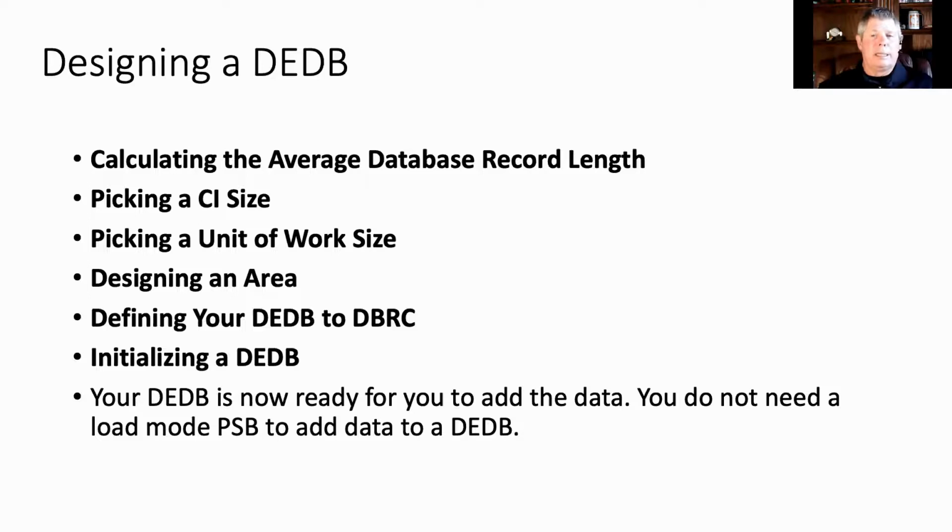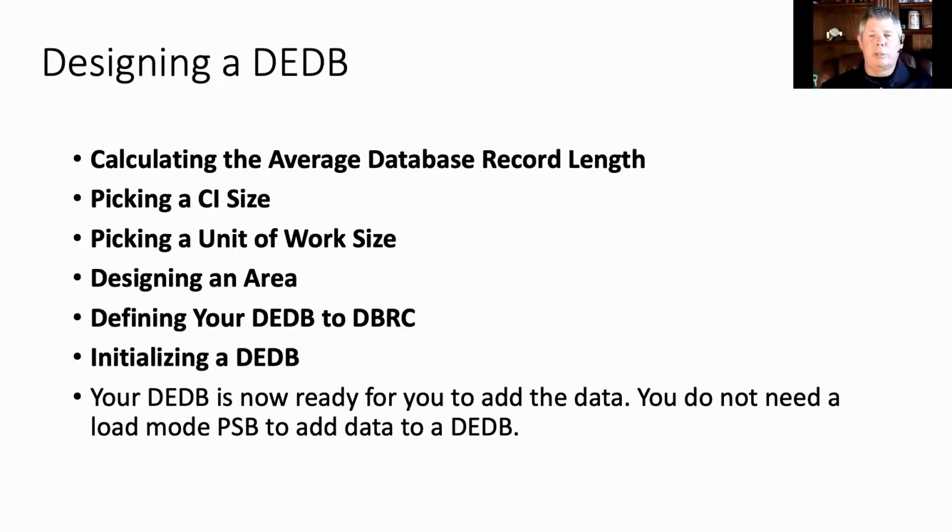So once you've picked a control interval size, then you must decide how many control intervals make a unit of work. And a unit of work has two parts, each comprising a number of control intervals. The base part contains control intervals with a root anchor point. IMS uses the control intervals to store root segments and as many of their dependents as will fit in that unit of work. IMS stores sequential dependent segments in a different part of the data set.